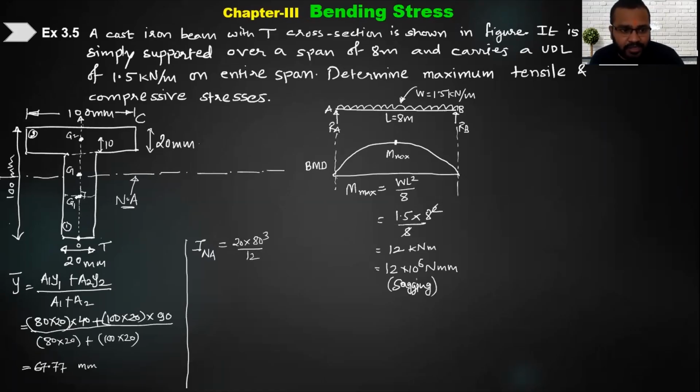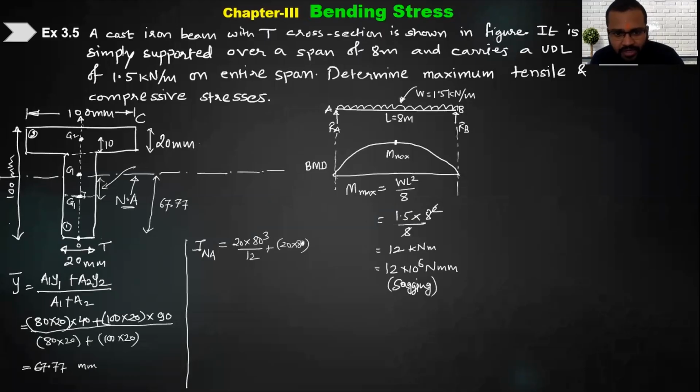It will give me the inertia about this x axis. I want to shift it. Plus the area, 20 into 80, into the distance squared. What is this distance? It is the y bar we calculated, which is 67.77.